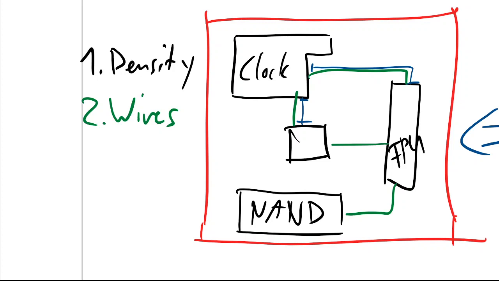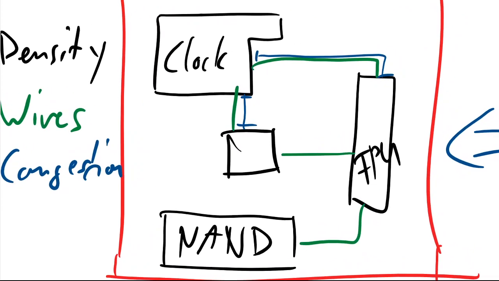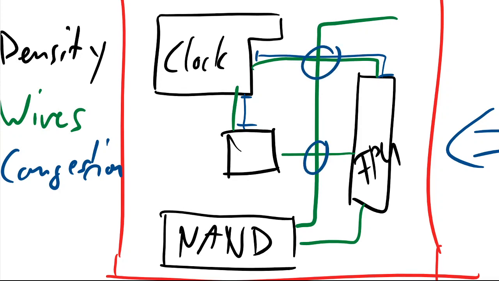And then third is what's called congestion. So congestion is when, for example, okay, I actually don't know exactly what it is, but maybe it is when two wires cross, like somewhere here, there might be congestion, or maybe some parts actually share their wires.